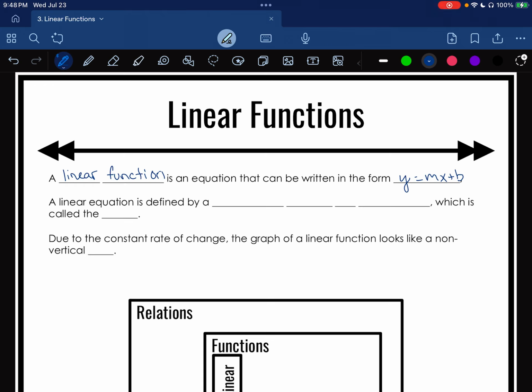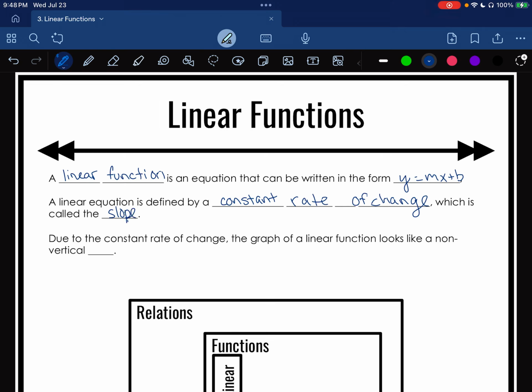A linear function is defined by a constant rate of change, which is called the slope. So the y's are always changing by the same amount the whole time.